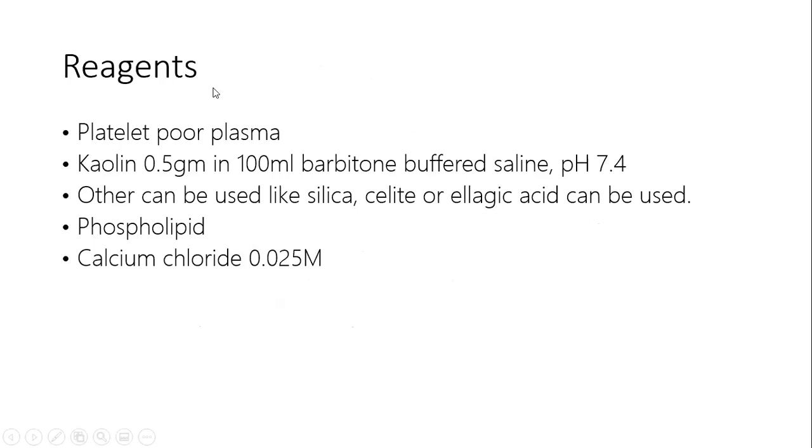So these are the reagents that we use for the APTT. We have the platelet poor plasma, which is basically the same as in the PT. In PT we use PPP, platelet poor plasma. In APTT, the same, we also use platelet poor plasma. We use kaolin, which is mixed with barbitone buffered saline, with a pH of 7.4.